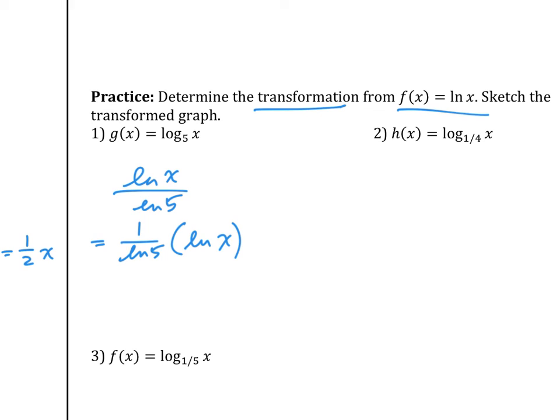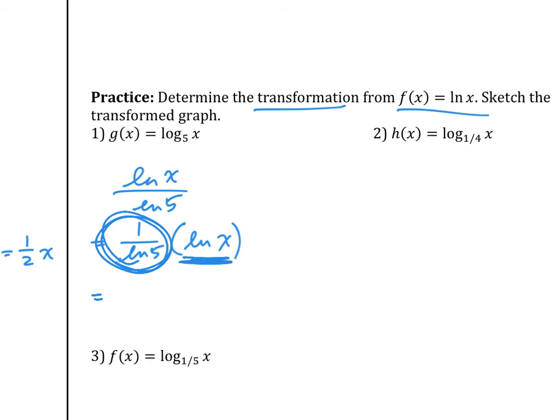So, I know this is my parent function. This is something that's multiplied to it. So that means this is the vertical stretch or compress. Well, which one is it? Is it stretch or compress? I don't know. I'm going to have to use my calculator to figure out what 1 over natural log 5 is. So use the calculator.